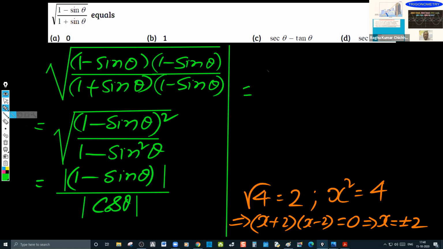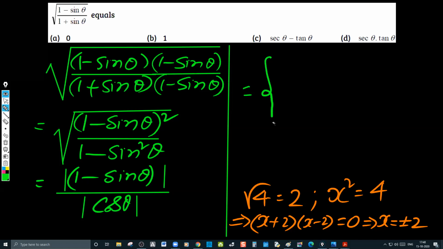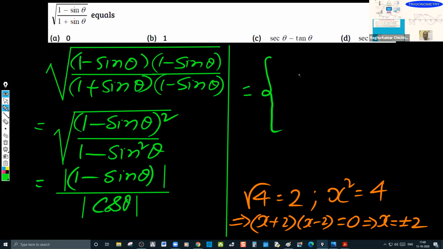What I mean by all are positive? Sine, cos, and tan. All are positive. So it becomes 1 minus sine theta divided by cos theta, removing the modulus.